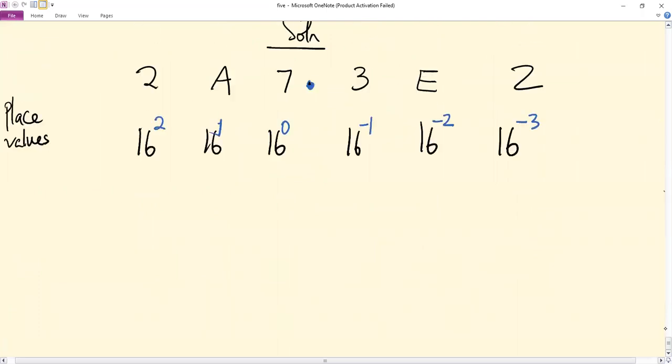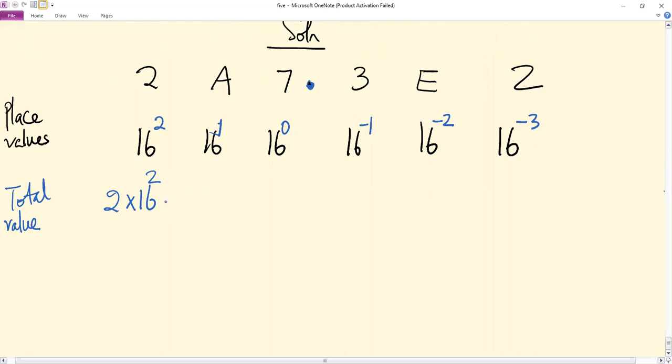Now the total value is the digit multiplied by its place value. Total value will be 2 times 16 squared. And remember, A in hexadecimal is a representative of 10.